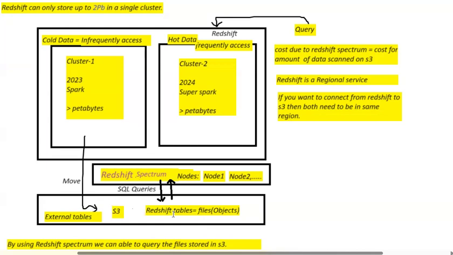In order to query on those external tables, do I need to configure anything on my Redshift? Yes, we need to configure an external table schema. We need to configure the external tables schema under our Redshift.